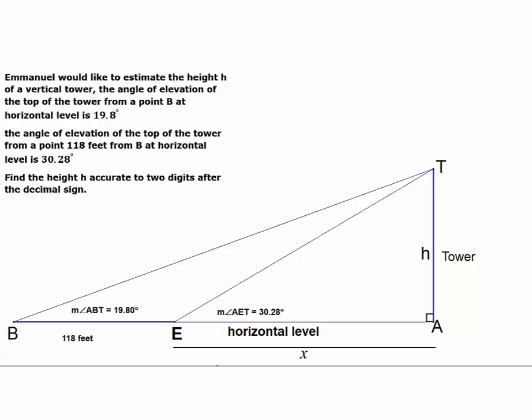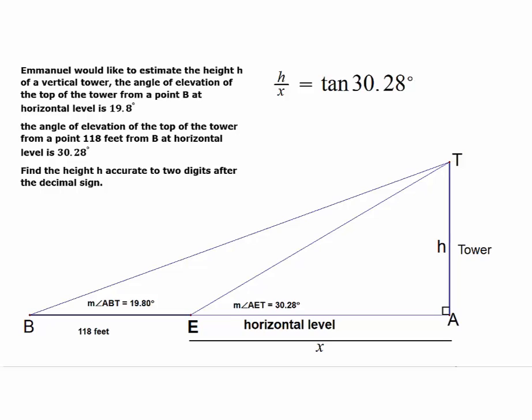So what is the first thing that we get? For this angle 30.28 degrees, h is the opposite side and x is adjacent, so h divided by x is tangent of 30.28 degrees.